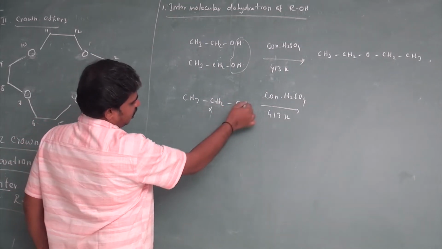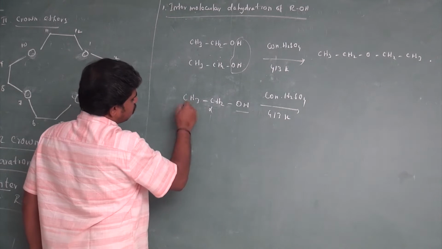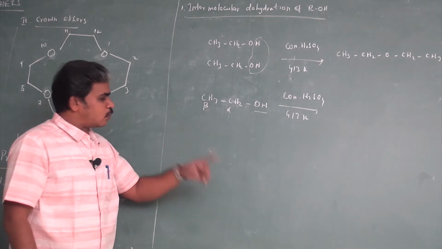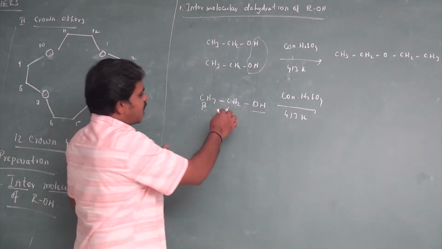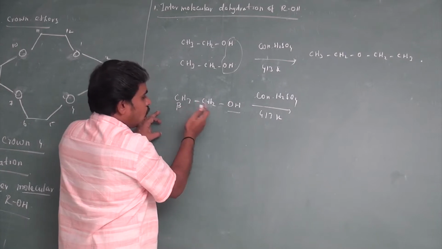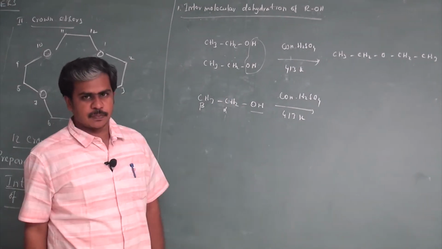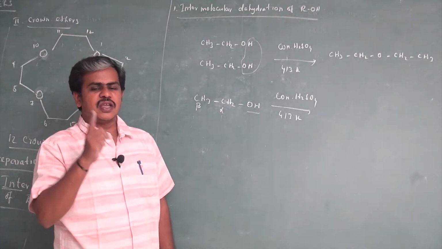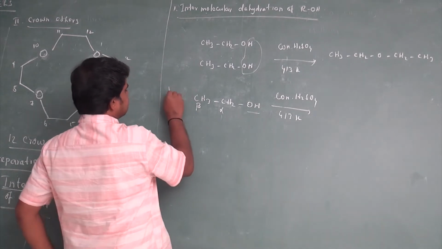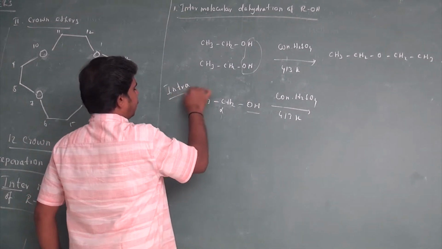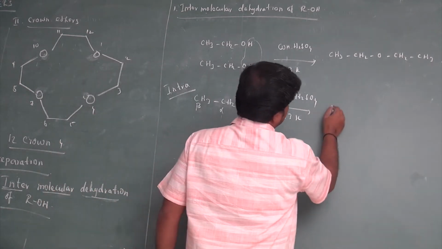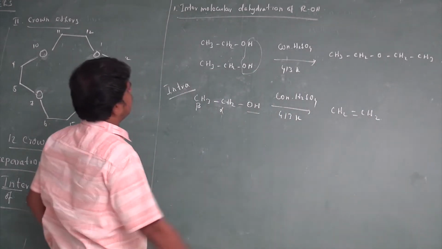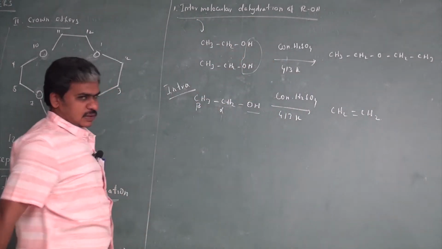So from that alpha we are removing that OH, and next to alpha is beta. So from the beta carbon we are removing that hydrogen. So we are removing a water molecule within one molecule, here one OH and here one H. So dehydration within the molecule is known as intramolecular dehydration and leads to alkene. Intermolecular dehydration leads to ethers.